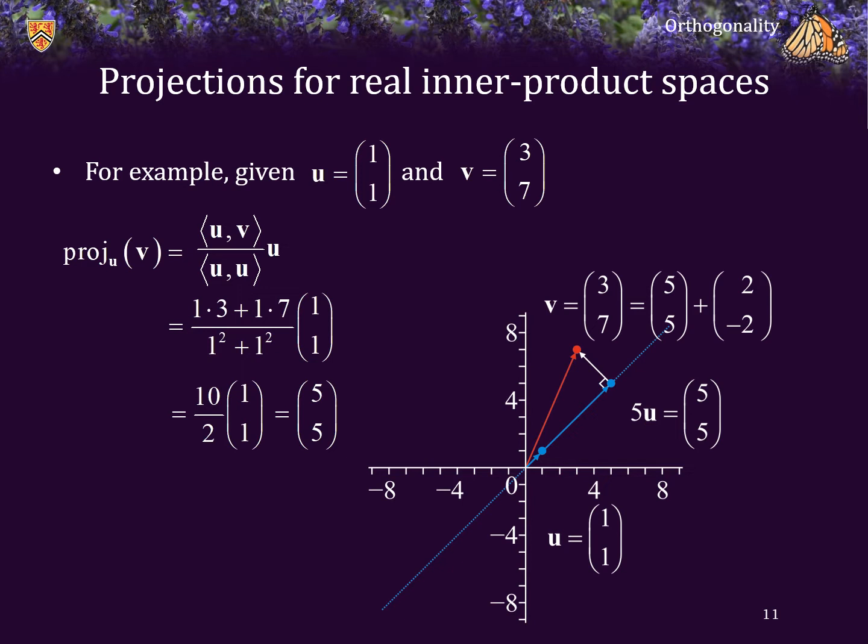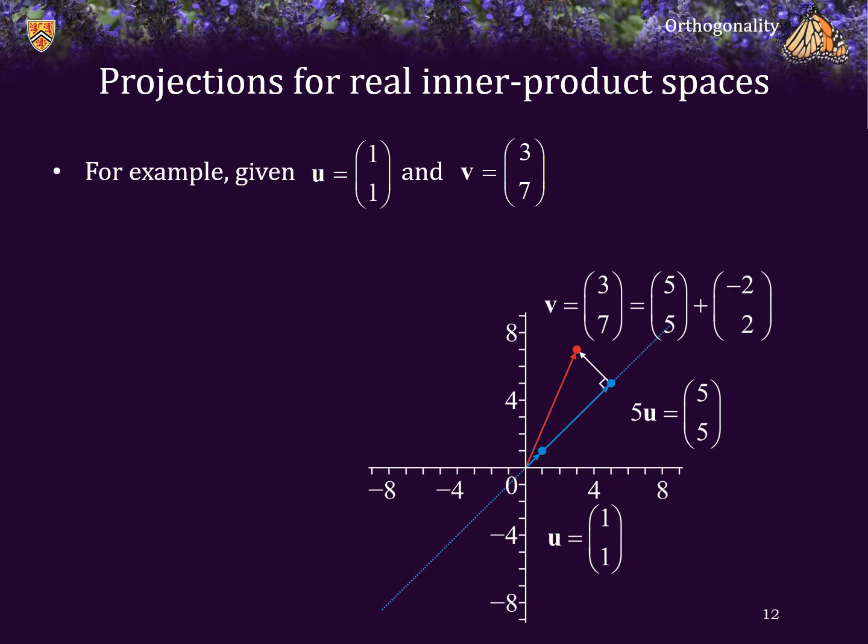And you will note that the vector 2, negative 2 is orthogonal to the vector u. So the inner product of u, which is 1, 1, and 2, negative 2 is 1 times 2 plus 1 times negative 2, which is equal to 0. So the difference between v and its projection is actually orthogonal to u.